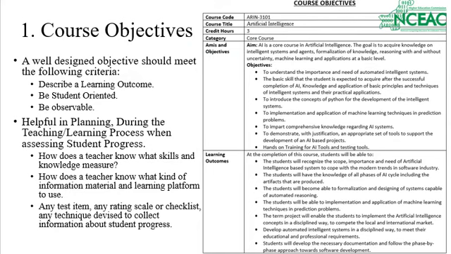So the first one is the course objective, where we need to describe the learning outcomes, and that should be student oriented and observable. On the other side, we have mentioned an example for the course objective.